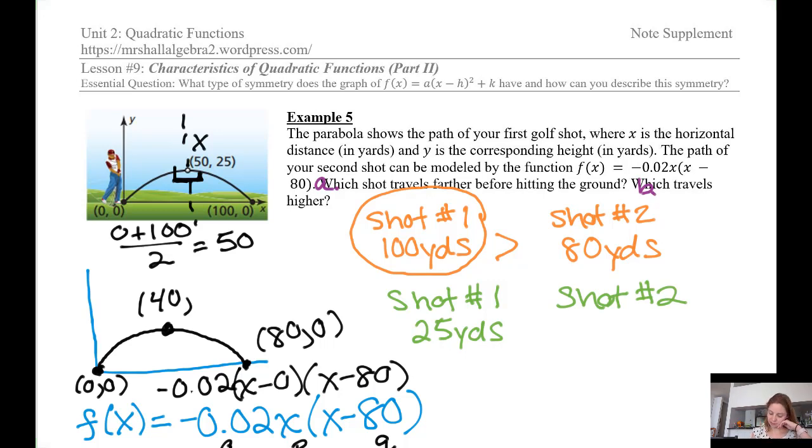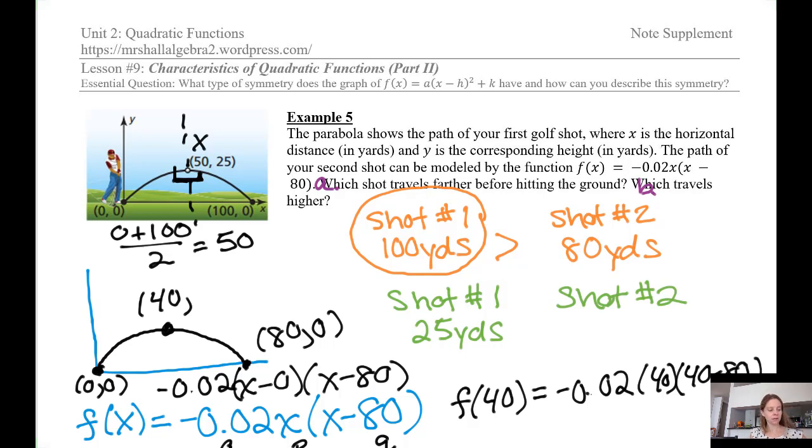And then I plug 40 into the function, negative 0.02 times 40, times 40 minus 80. And I get, cheating looking at my work from before, 32. So f of 40 equals 32. When x is 40, y is 32. So I can fill this in, 32 yards high.